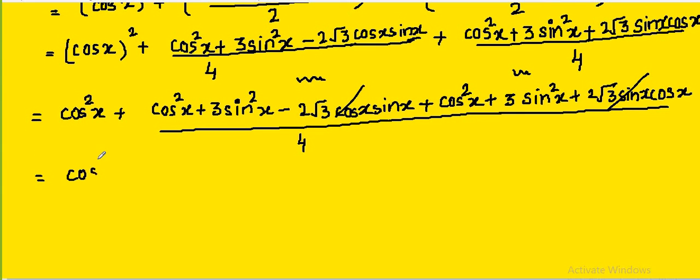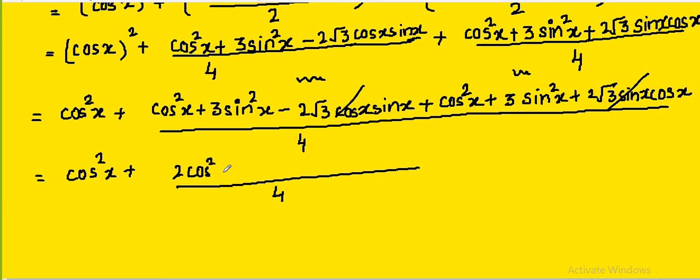cos square x plus, in denominator we have 4, and cos square x plus cos square x gives us 2 cos square x, and 3 sin square x plus 3 sin square x gives us 6 sin square x.